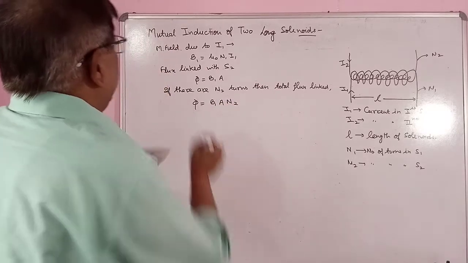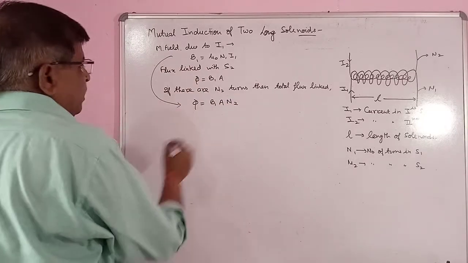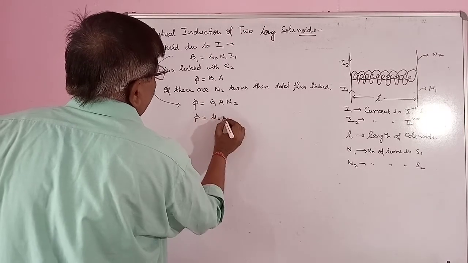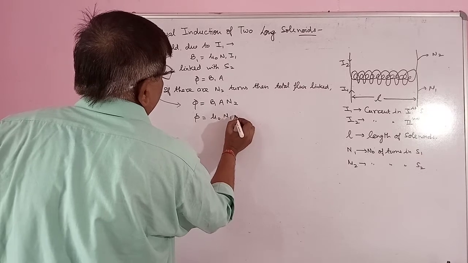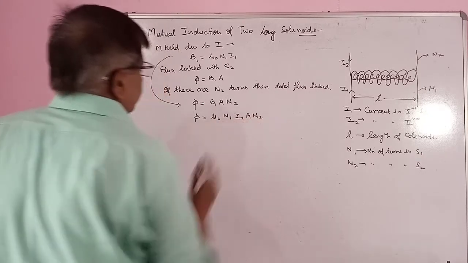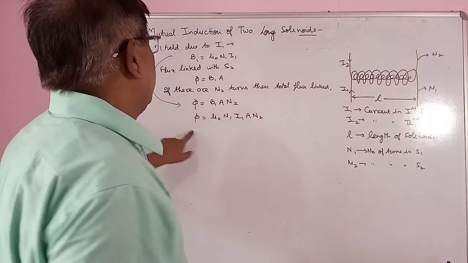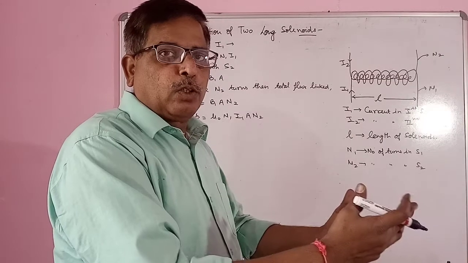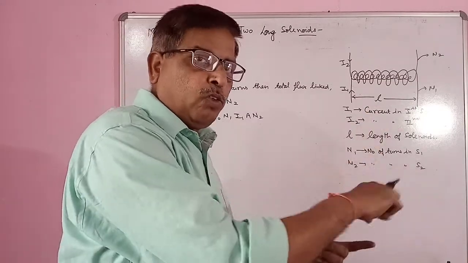Now we can put the value of B1 here. So phi equals mu naught N1 I1 A N2. This is the total flux with the second solenoid due to the first.